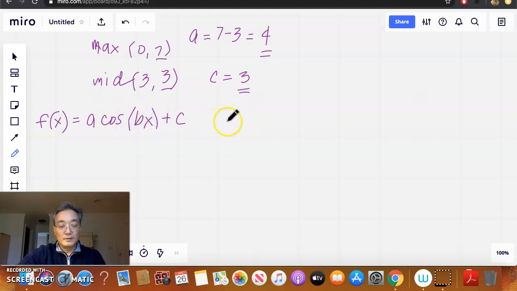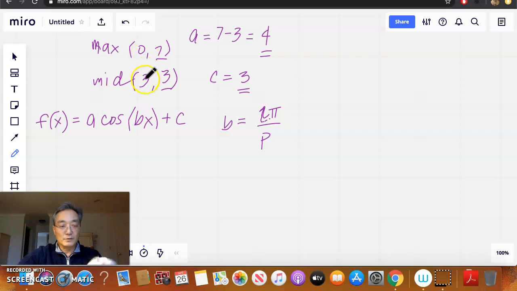Okay, and now let's find our period in order to find our frequency. So frequency is, again, 2 pi over the period. That is a 2. And so our period, again, max to mid is 1/4. So 0 to 3 is 1/4.